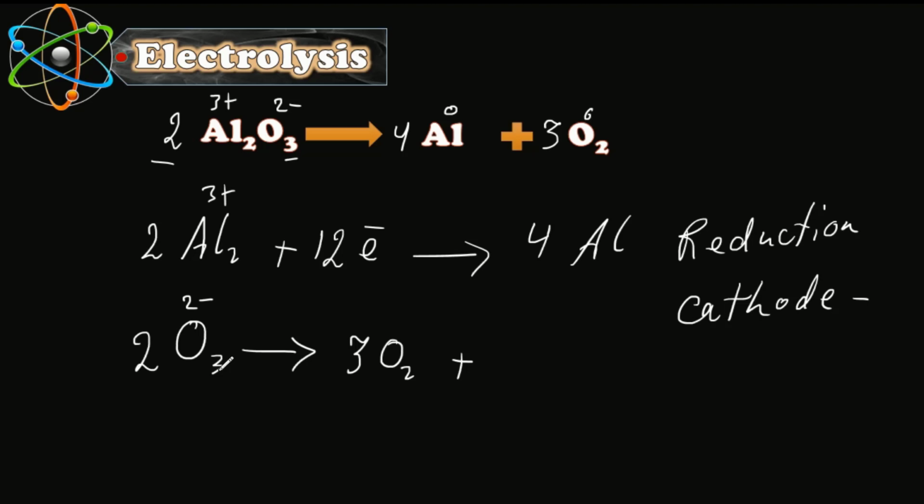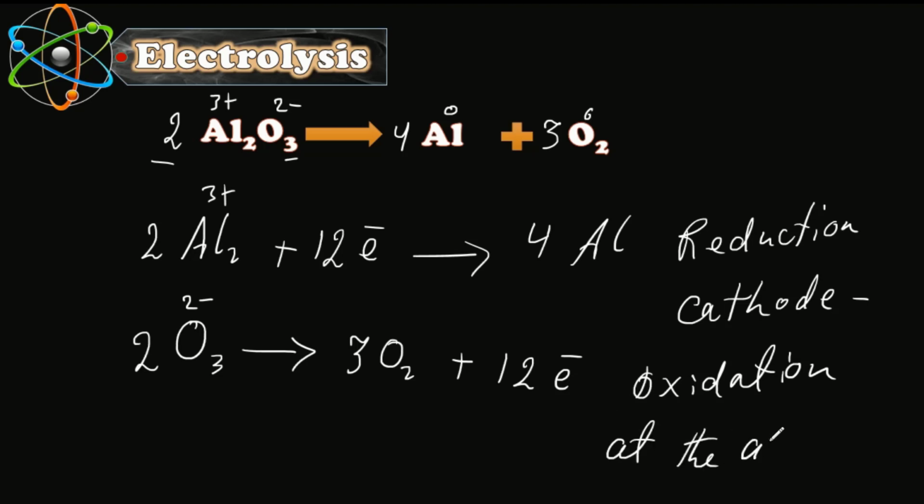We have 3 times 2, then times 2. 3 times 2 times 2 is going to be 12 electrons. This is now oxidation. It happens at the anode, because it's positive, it will attract the negative.